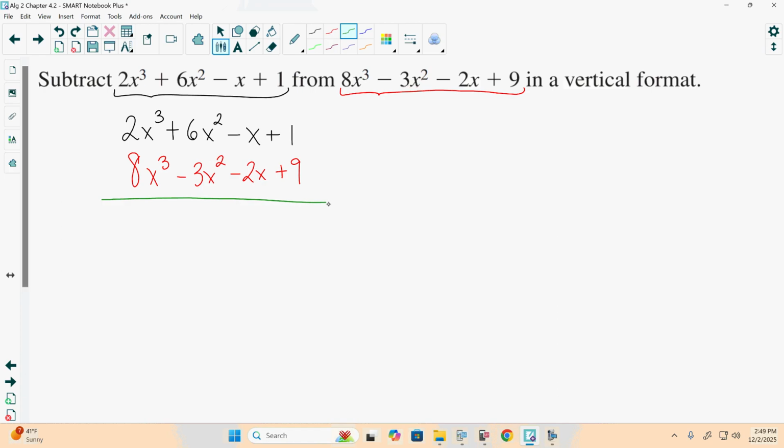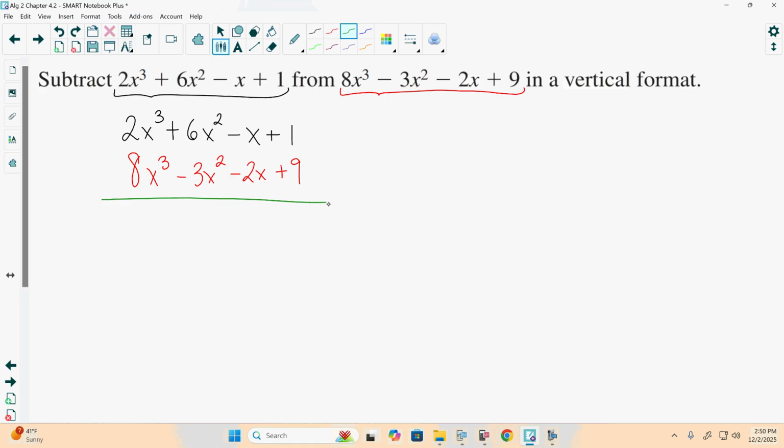And if there is a term missing, it's going to be helpful to put it in as plus 0 times that variable. So if the x squared term is missing, either on the first or second, we can put it in as plus 0x squared. Now we know we're missing a term because it's going to be in decreasing power.